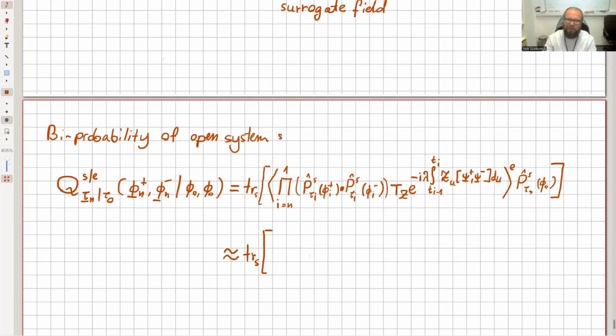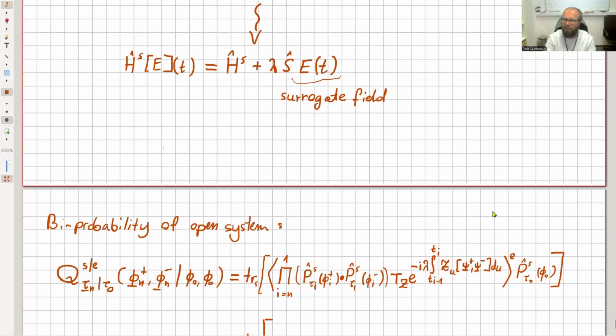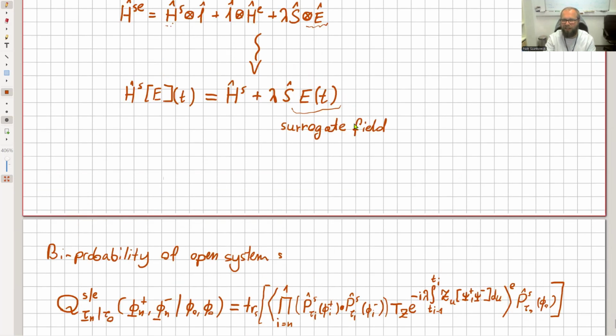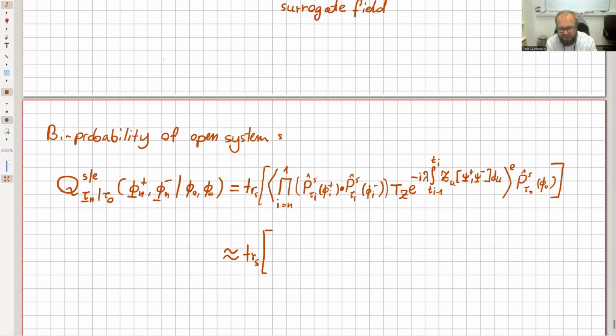We want to replace the averaging over by trajectory distribution with an averaging over the probability distribution for this surrogate field E here.